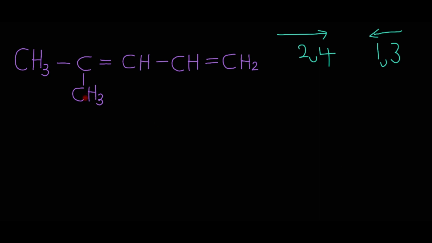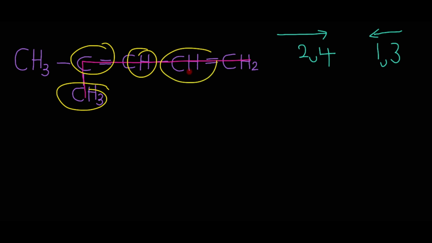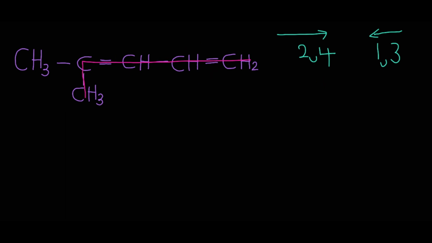Remember, if you take this one, this is carbon 1, this is carbon 2, carbon 3 and carbon 4. So here it is 2 and 4. You will notice that 2 and 4 is out because 2 plus 4 is 6 and 1 plus 3 is 4. So the lowest is 1 and 3. So the right direction is this one with 1 and 3, and we obtain that even when we go to the left.